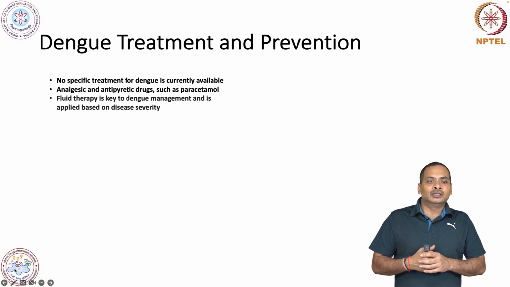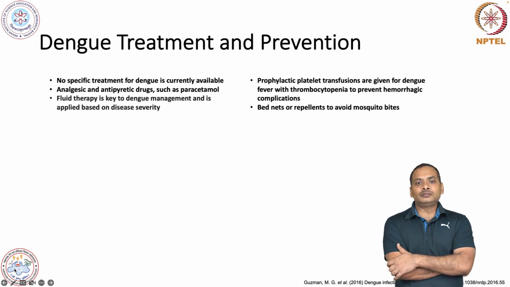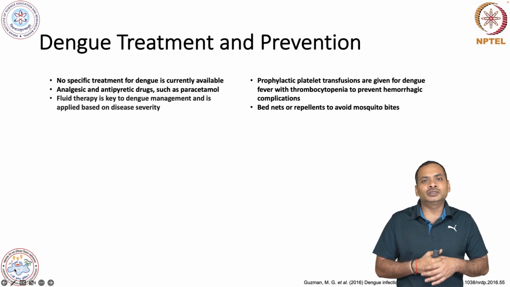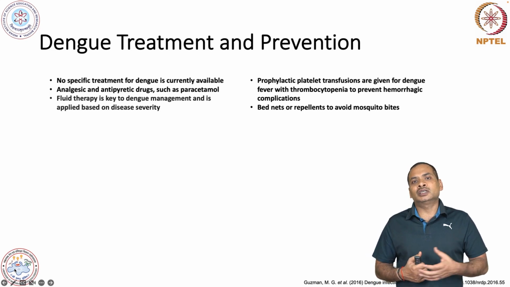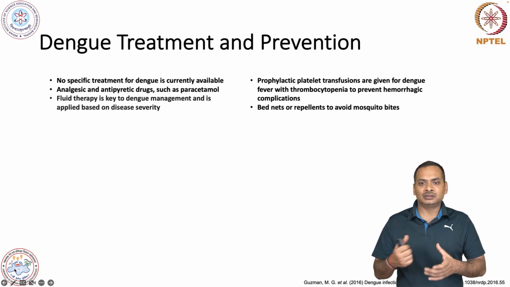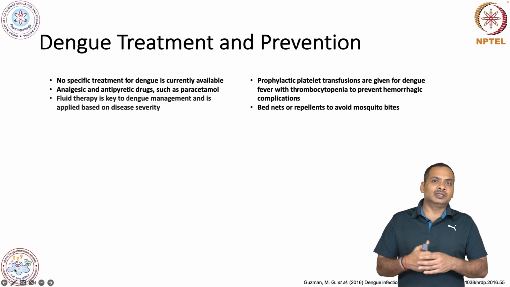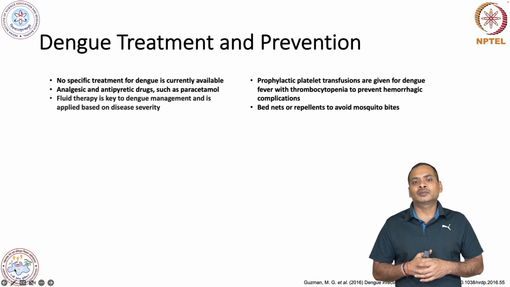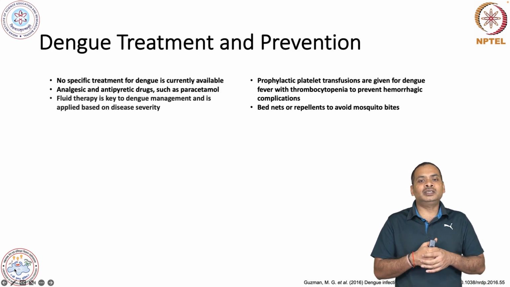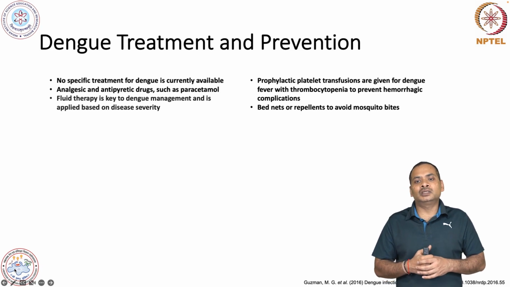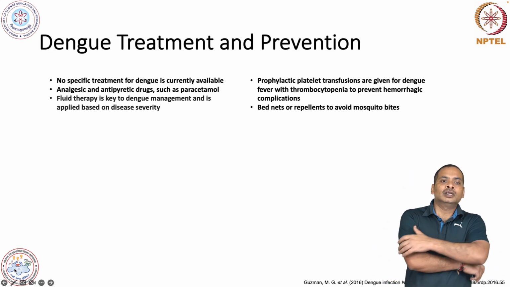Then prophylactic platelets: if platelets are reducing, the individual can receive platelets, and that can be managed if the thrombocytes are quite severely reduced. Of course, as a precaution, one should use a net while sleeping, and one can use some insect repellent.